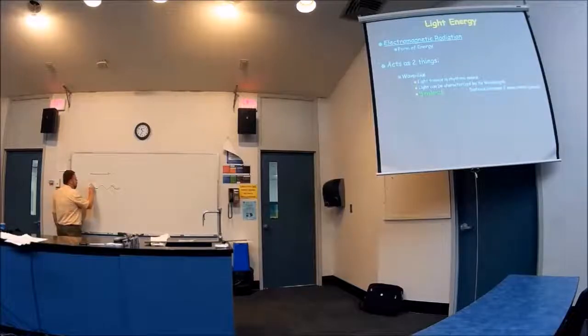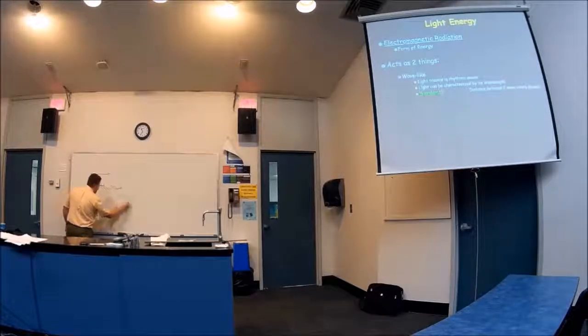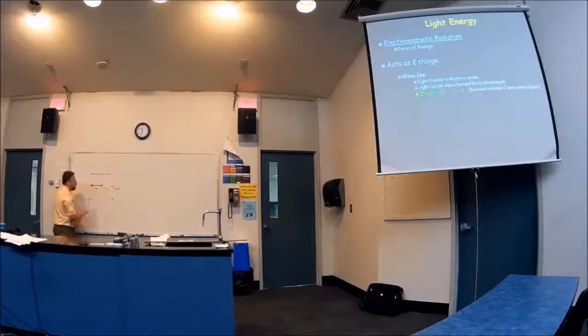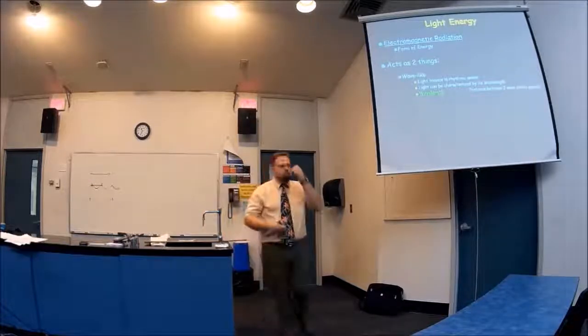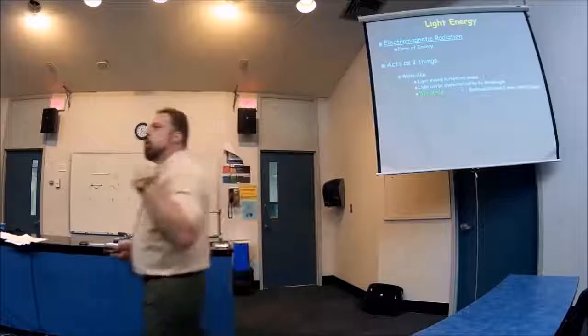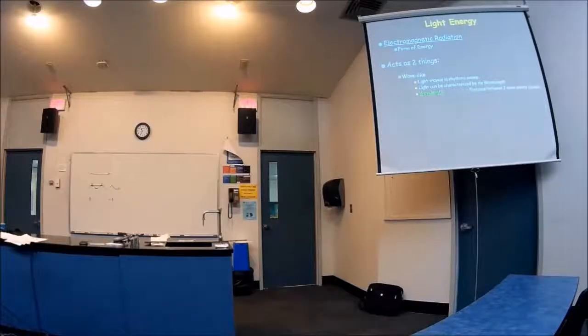When we go from crest to crest, that is called a wavelength. We could have a very long wavelength, from here to here, or we could have a short wavelength. That determines if you can see it or not, and it tells you how much energy it can have.